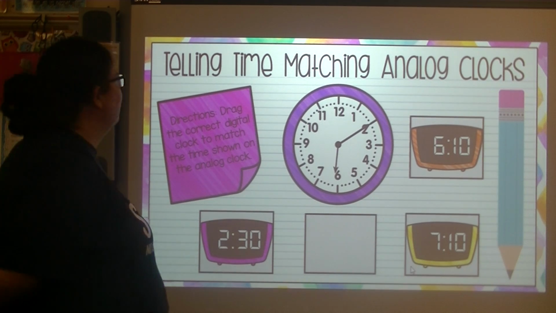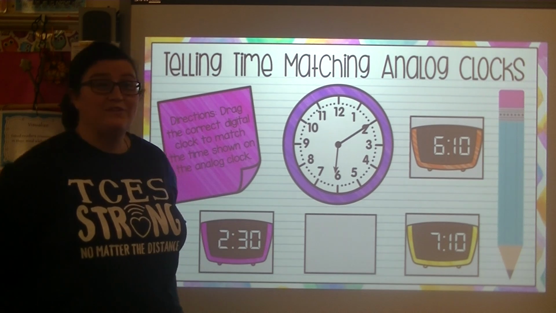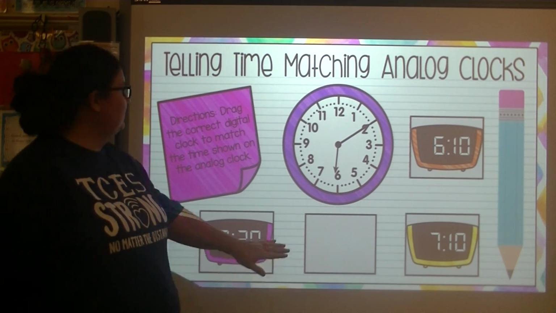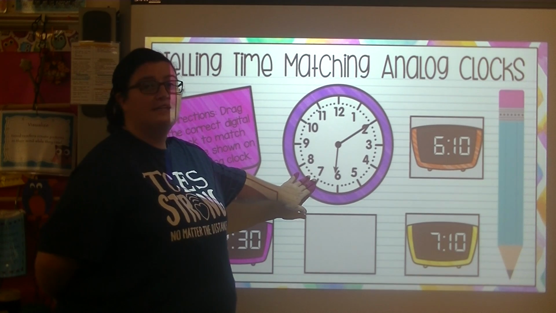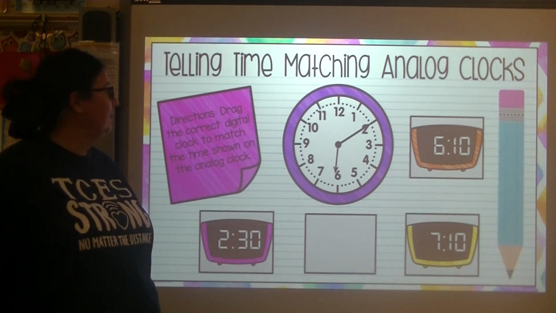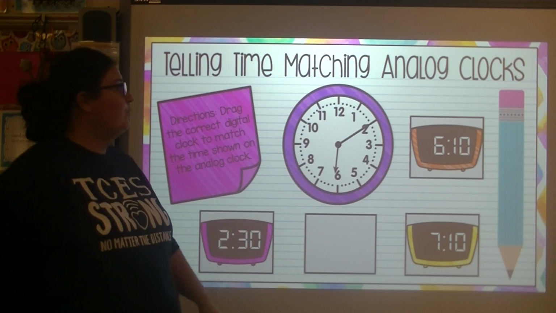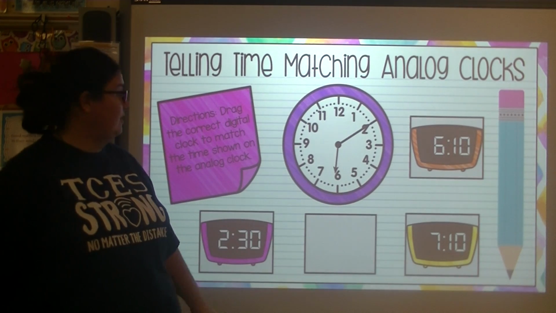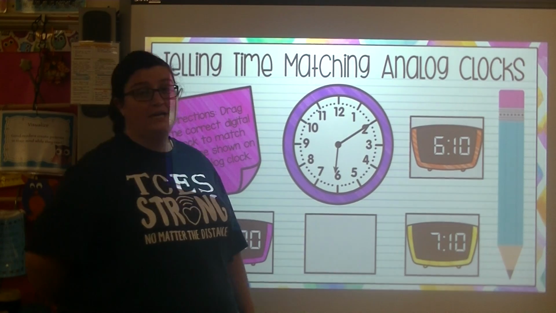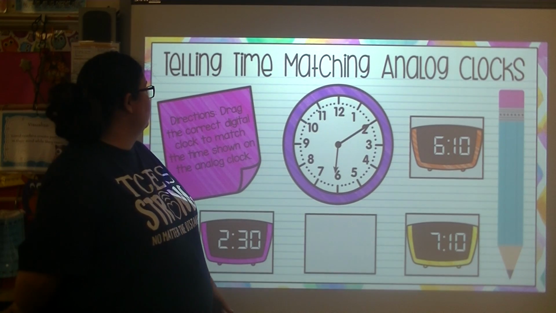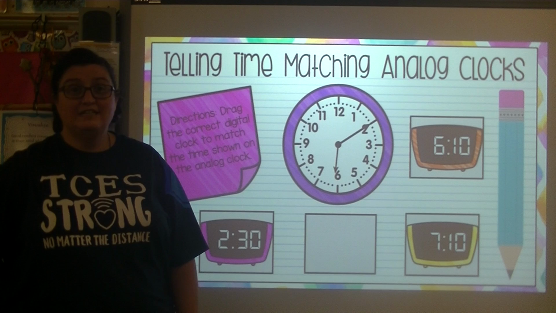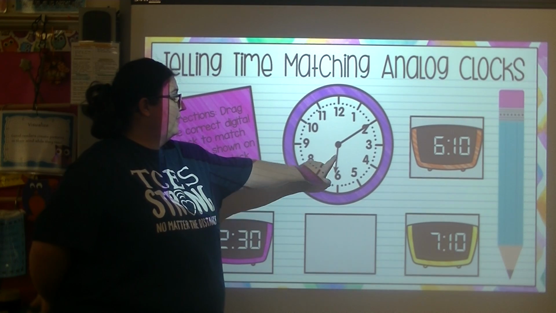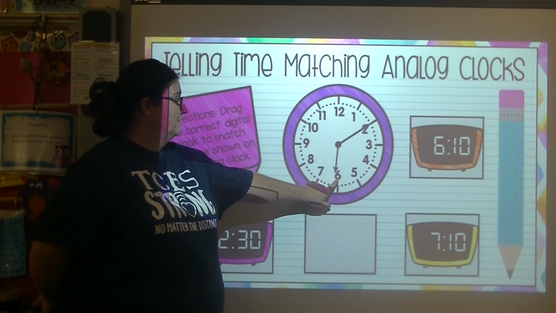Alright. Now what you guys are going to do for some practice, you're going to look at the analog clock and try to figure out which digital clock matches and drag it below the analog clock. So let's do the first one together. Alright, look at your hour hand.